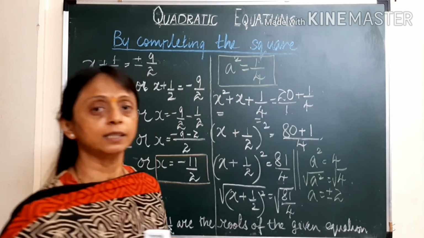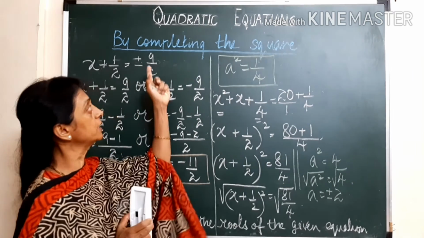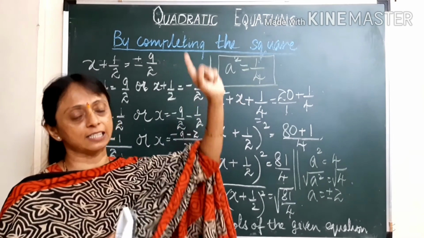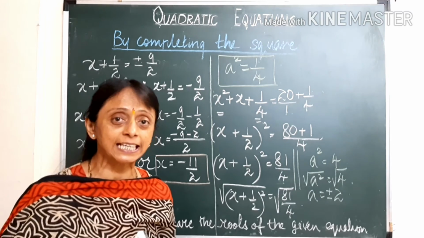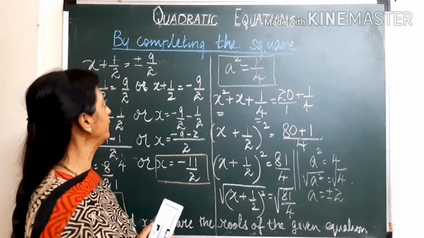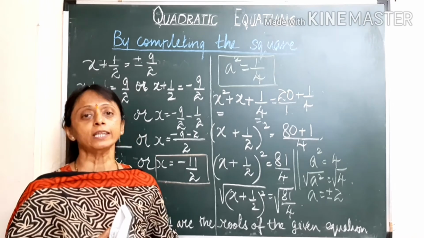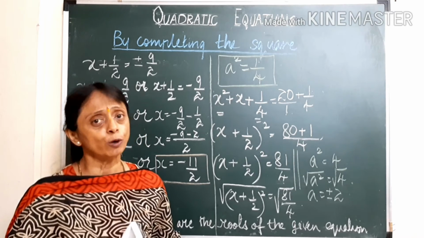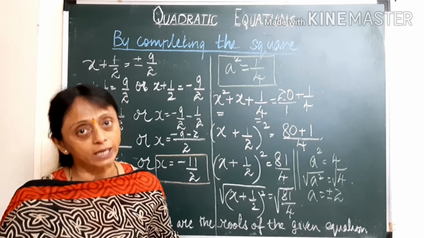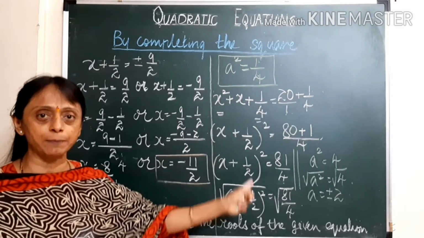So which method did we use, children? We used the method of completing the square. And what condition did I tell you in the beginning? You have to be careful that the coefficient of the square term should be equal to 1. If it is not 1, then what do we do? We make it 1 and then proceed with the same steps.